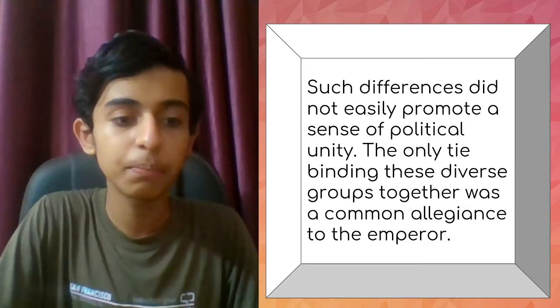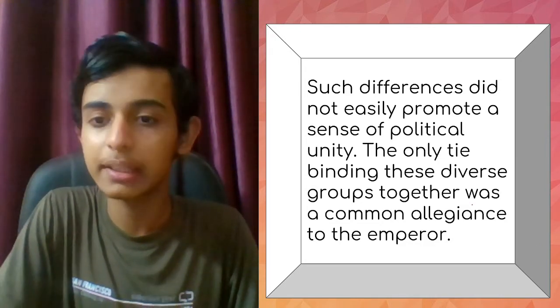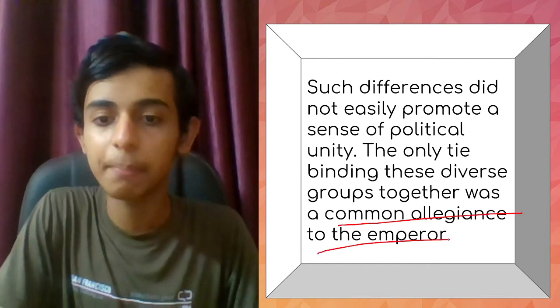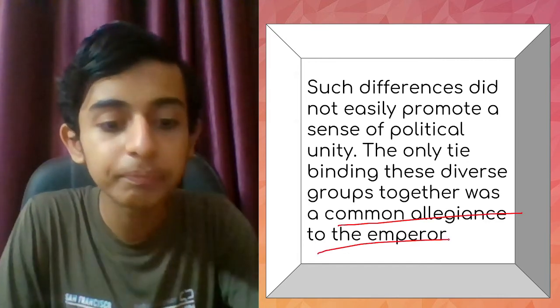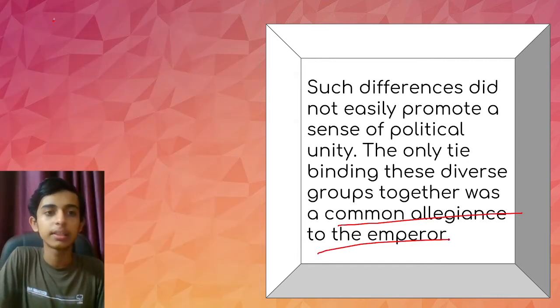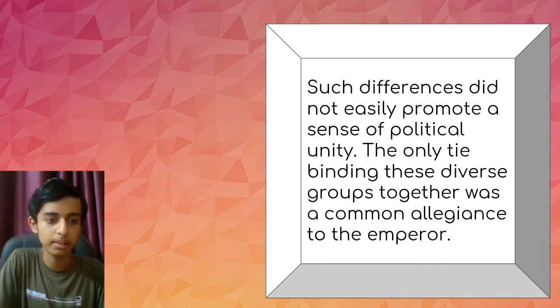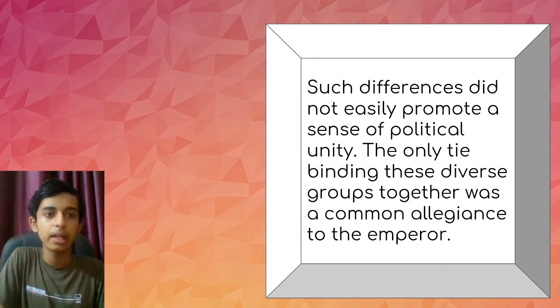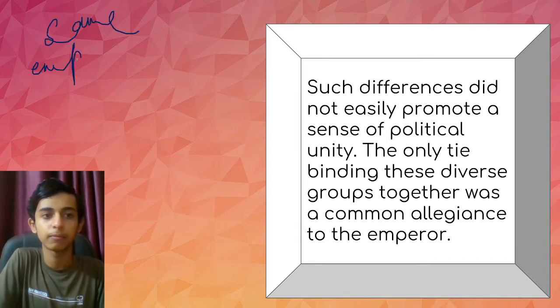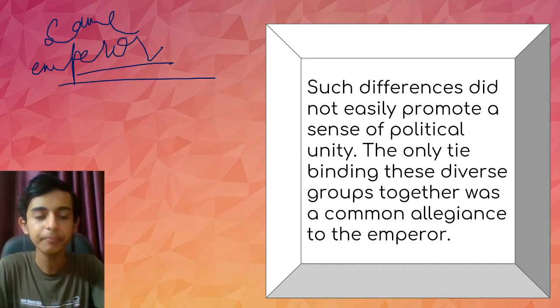Now this concept is important, so pay attention. What do I mean by common allegiance to the emperor? Let me change the color, I think it's not visible. They had the same emperor. This was the common allegiance.